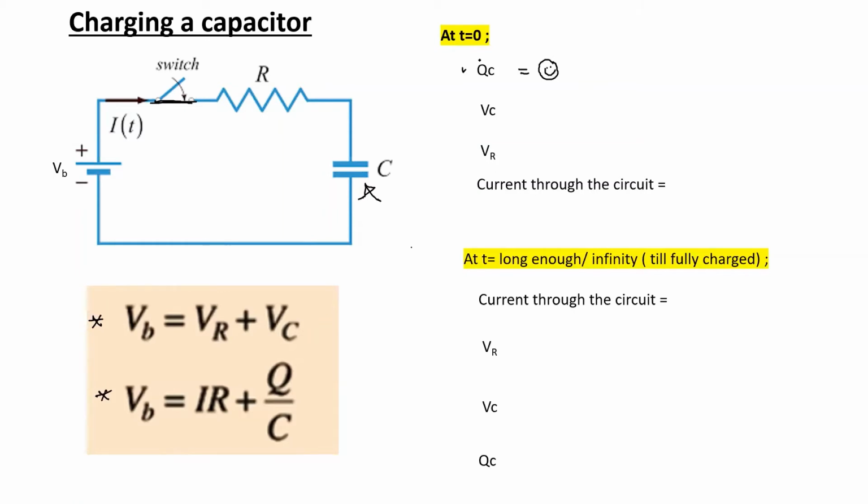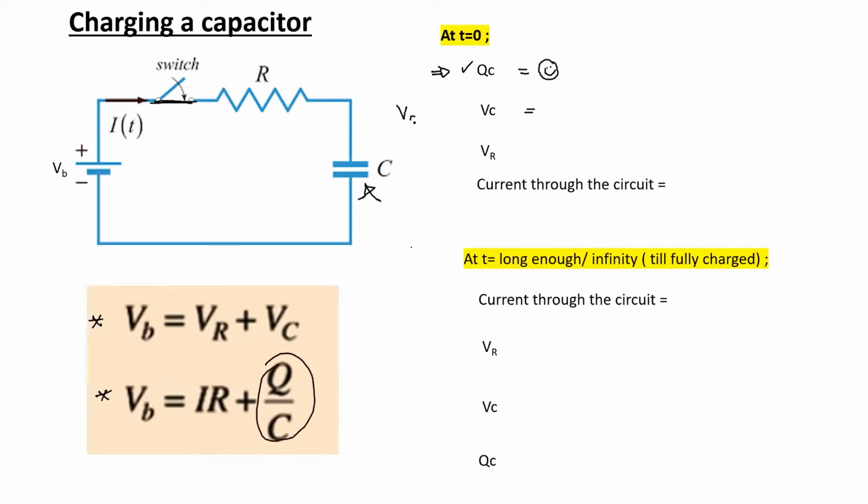So are we okay with this? That the charge in the capacitor is 0? Yes. So that is the starting point. If you can figure this part out, all the things become very easy. Okay. So my next question is, at t equals 0, what is the voltage across the capacitor? So we know voltage across the capacitor is given by this equation.